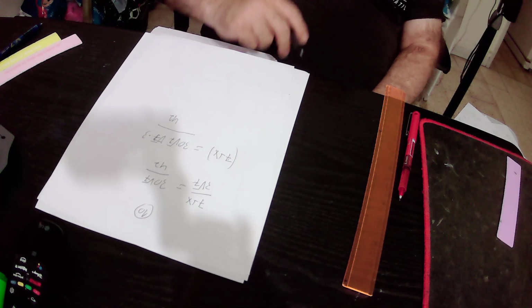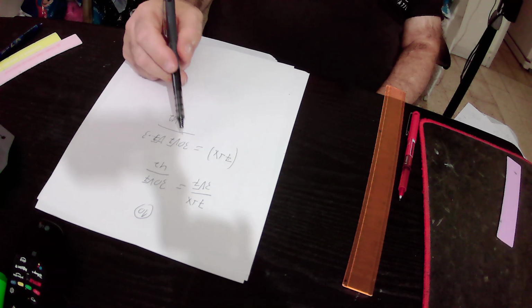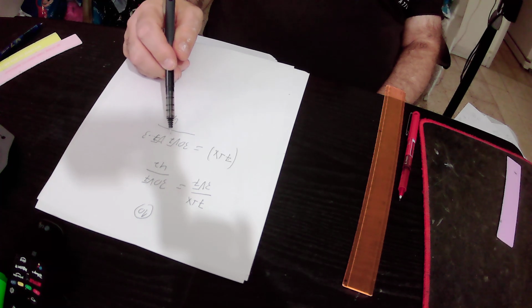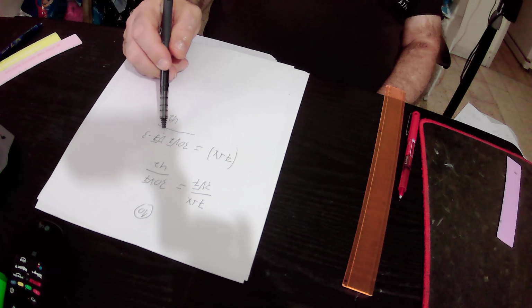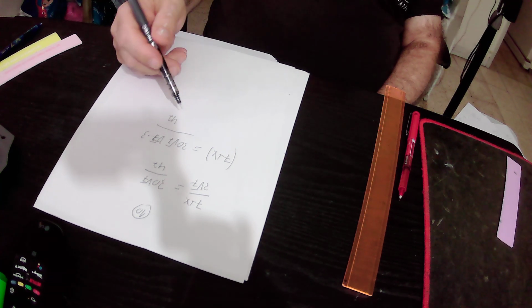So in the numerator, on this side of the equality, we have 30 times 3 is 90, and root 7 times root 7 is 7, and 90 times 7 is 630.